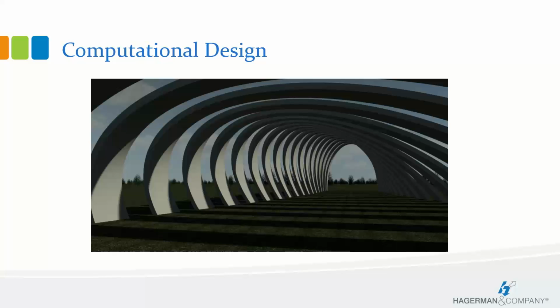I wanted to make a sculptural tunnel that was basically an extruded ellipse, but I wanted to have a twisting effect. So here is a series of slides that show how I was able to easily realize this vision by using Dynamo.